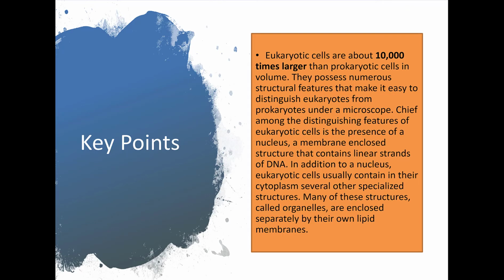So eukaryotic cells are about 10,000 times larger than prokaryotes, and that's because you have to consider all the compartments or the cubicles that you're going to be putting various structures in. You can see it under a microscope rather easily, and I'll show you some slides of that. And many of the structures inside these are called organelles because they function sort of like a specialized uniform feature or function, like an organ, and that's what they do.